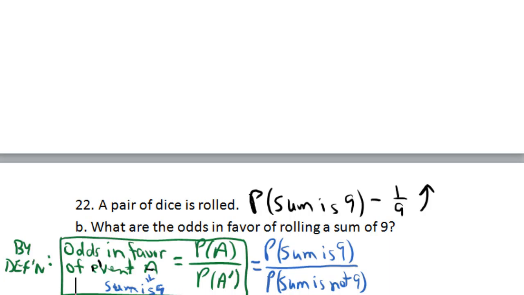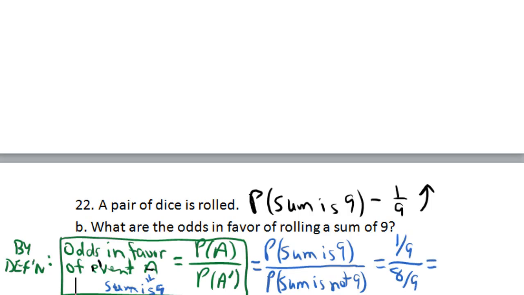Well, of course, both of those are easy. We already know the probability the sum is 9 is 1/9. If the probability the sum is 9 is 1/9, then the probability that the sum is not 9 is 8/9.